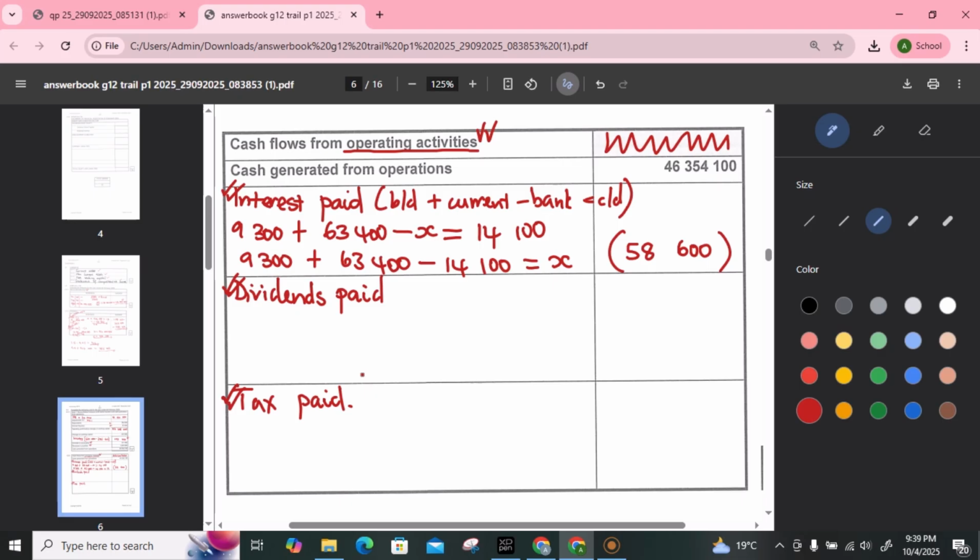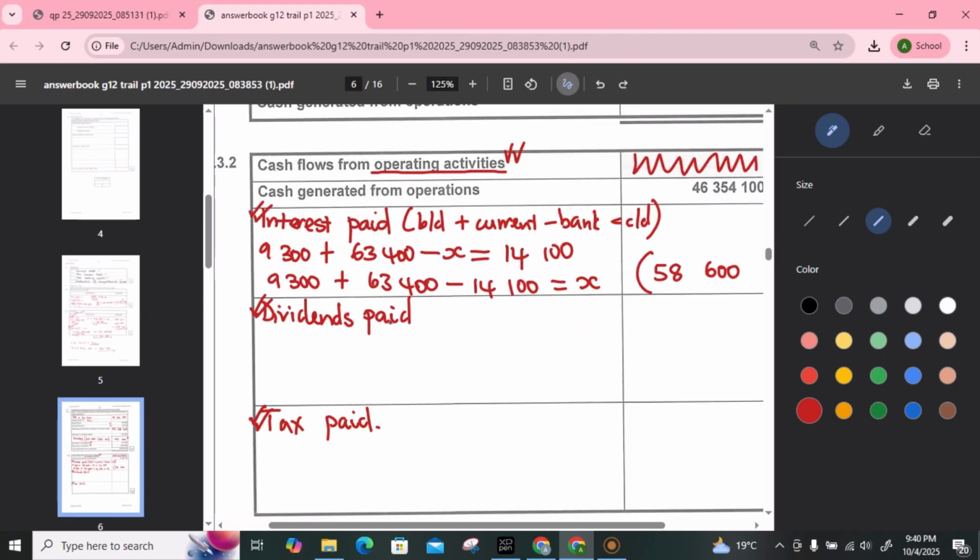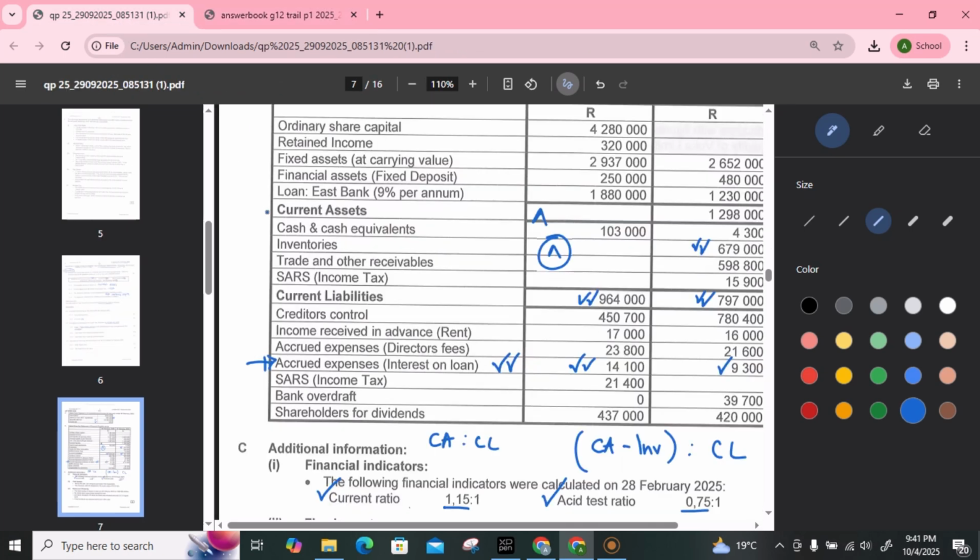On dividends, the key formula here, it is interim. On dividends paid, the formula, it is BD plus interim. So the easy mark to extract here is the BD, because it's always given.